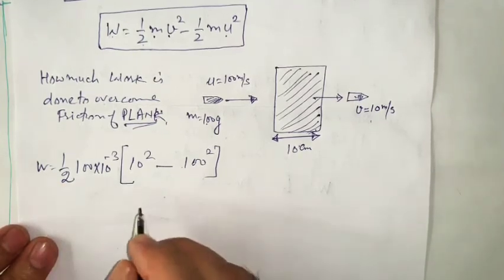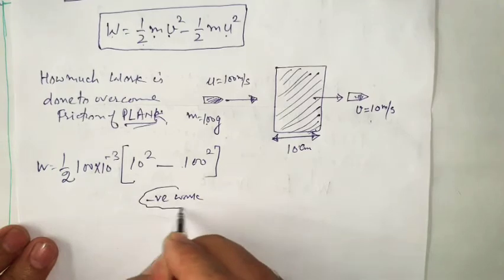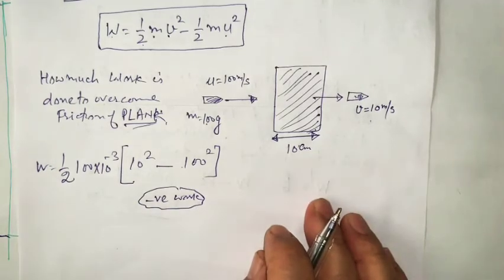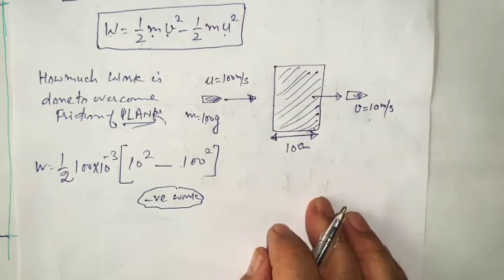Here you get negative work. Negative work means energy is used to overcome the friction. Clear?